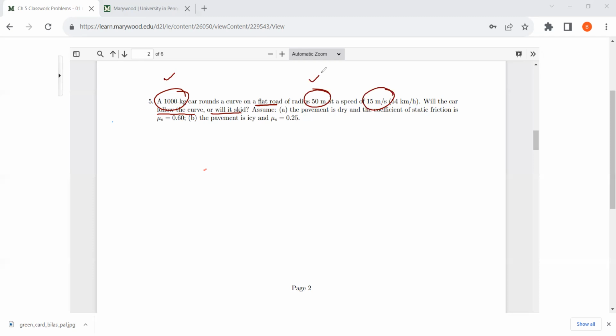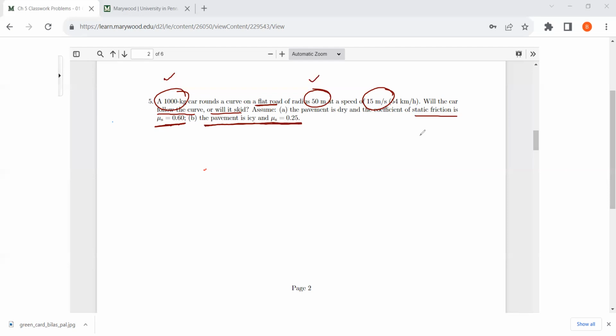The coefficient of friction is given for two cases, one on a dry day and another on icy pavement. When it is dry, the coefficient of static friction is 0.6, and on a snowy or icy day it is 0.25. So how do we solve it?